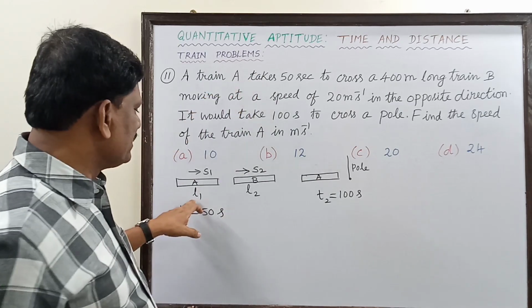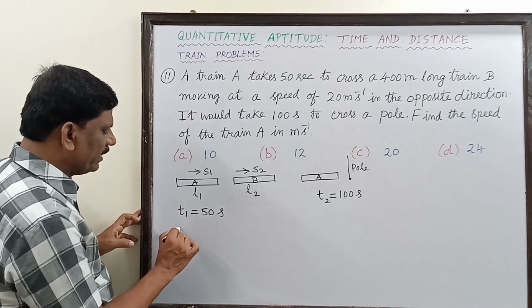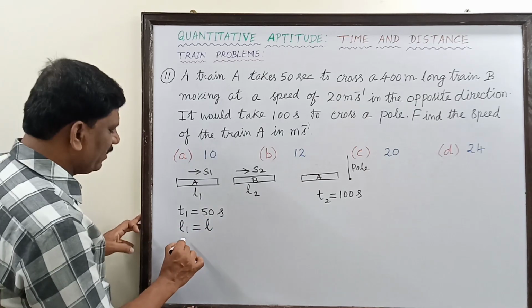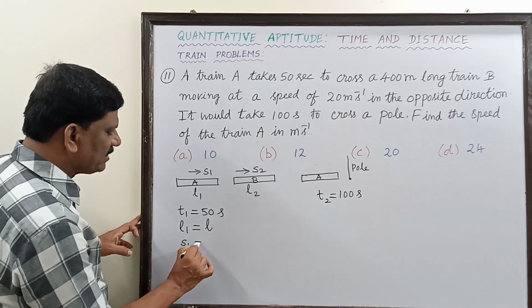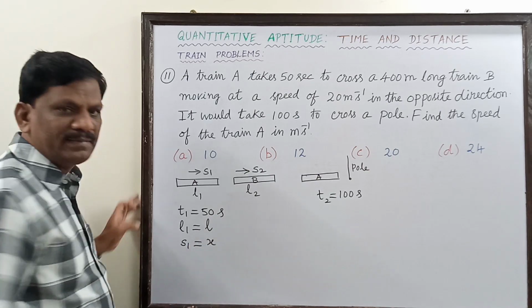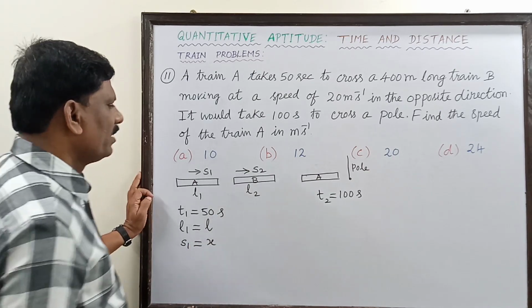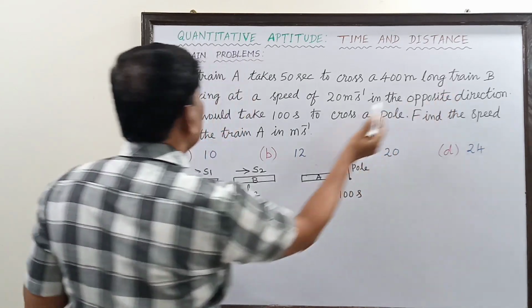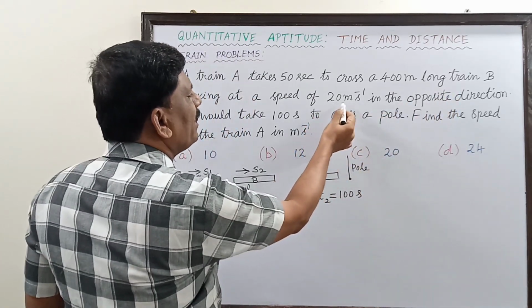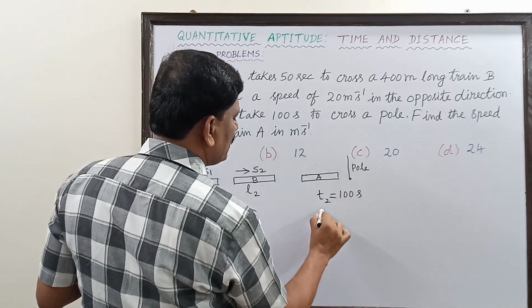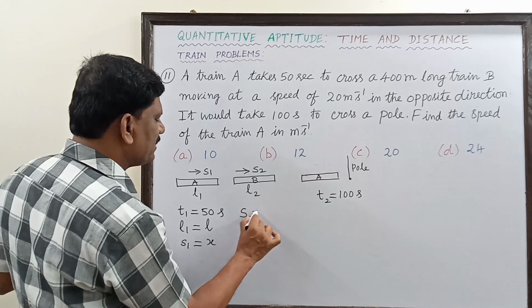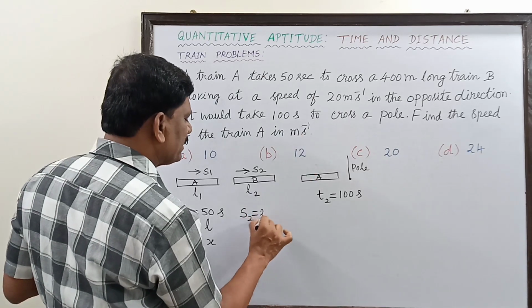Train A's length is not given, so let L1 be equal to L itself. And the speed of the first train S1 is also not given, so let us use the symbol X. In this second case, the second train B is moving at a speed of 20 meters per second, so S2 is equal to 20 meters per second.